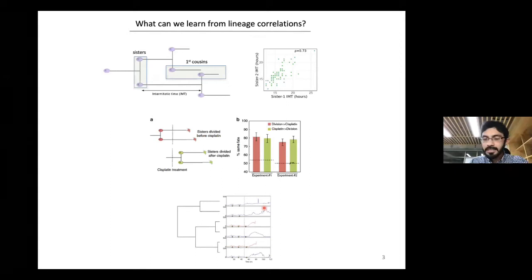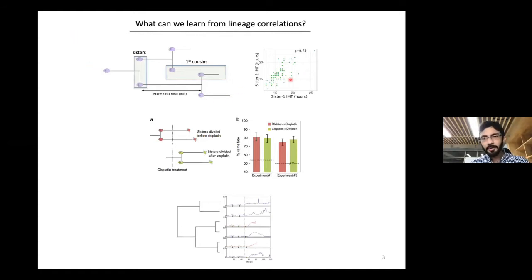Can you build sort of inference frameworks using stochastic models to understand the underlying principles again of drug resistance? How do you control the proliferation of these cells using mathematical models and so on? Okay, so that's sort of broadly what we are interested in as a group.